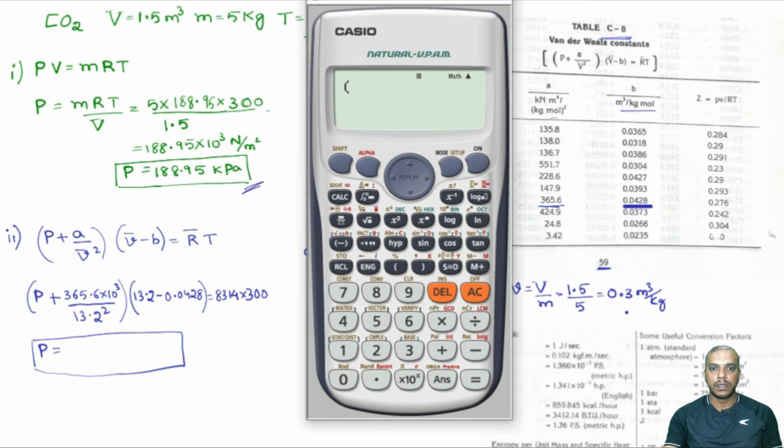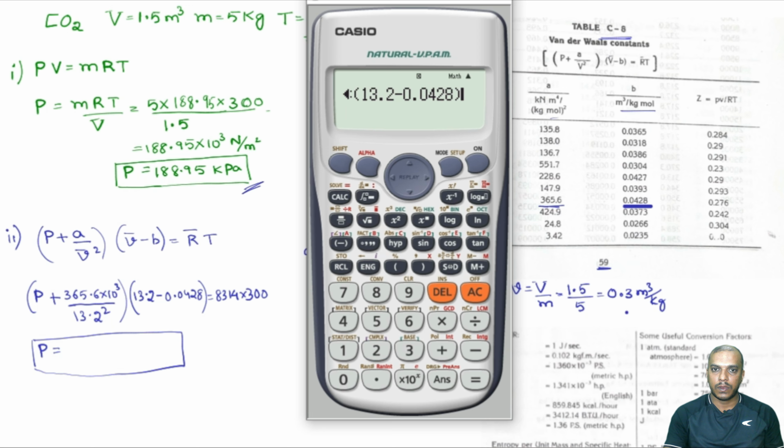I will take the unknown as x. So, alpha x plus 365.6 multiplied by 10 power 3 divided by 13.2 square into 13.2 minus 0.0428.